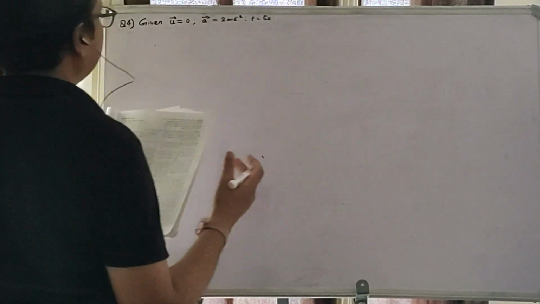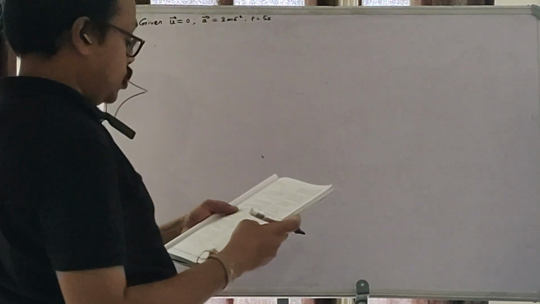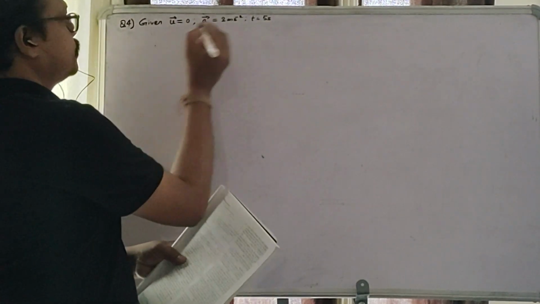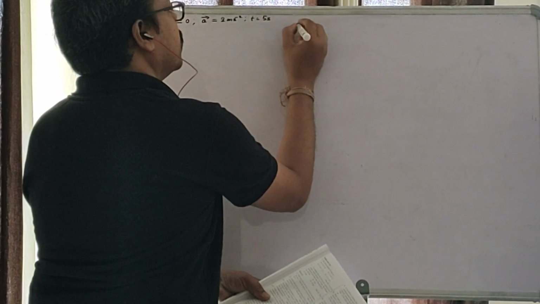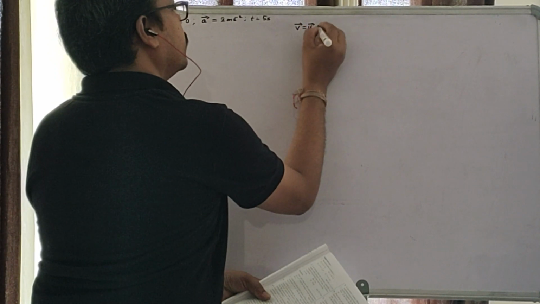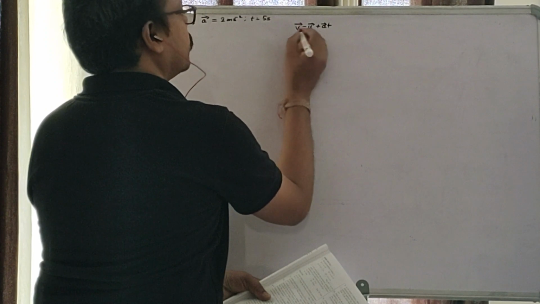So we have three different equations of motion. So what we have to find out? We have to find out the velocity acquired. So let me write down all the equations of motion here. v equal to u plus at, right?